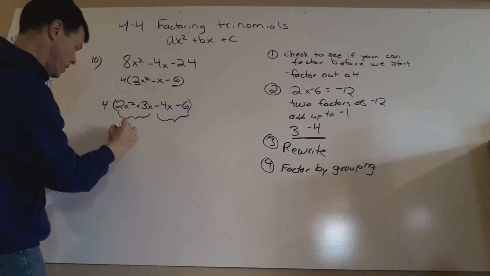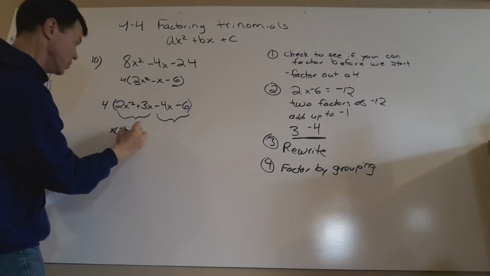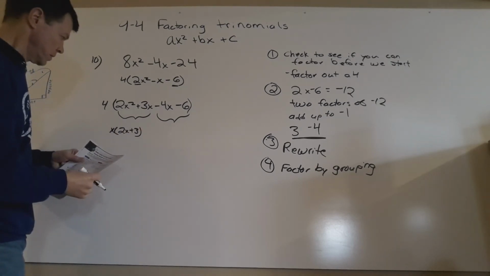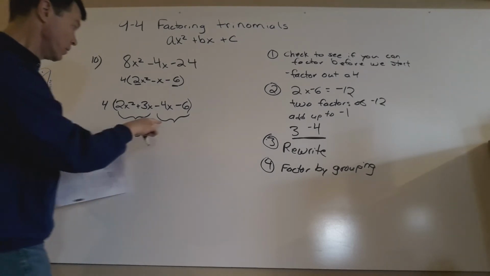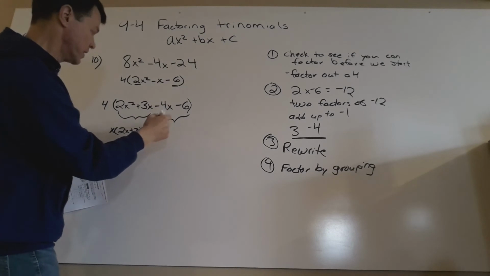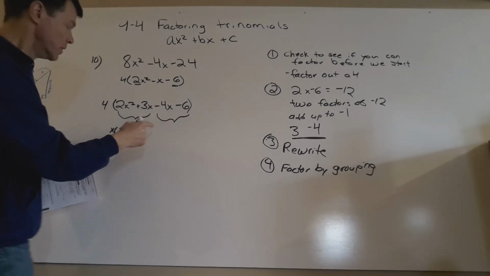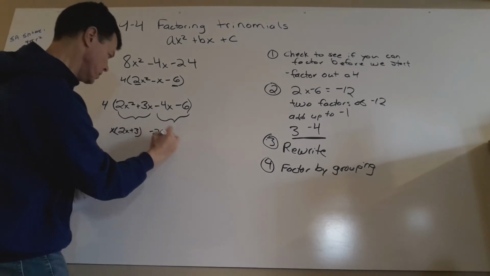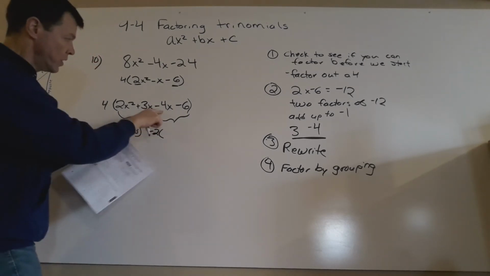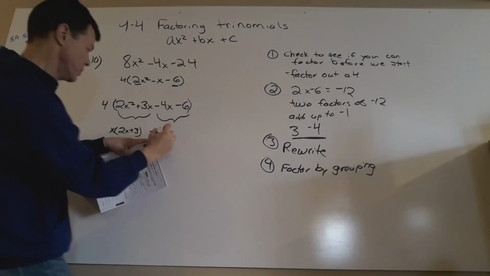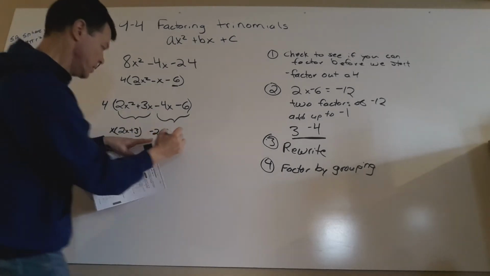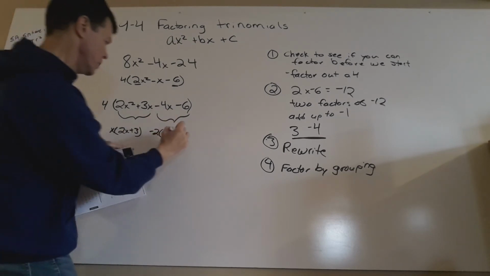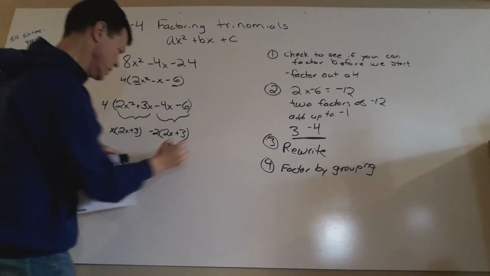So then you have 2x plus 3. With this group over here, I can factor out, it looks like, a negative 2. I factor out a negative 2. This divided by negative 2 is going to be a positive 2x. And then negative 6 divided by negative 2, positive 3.